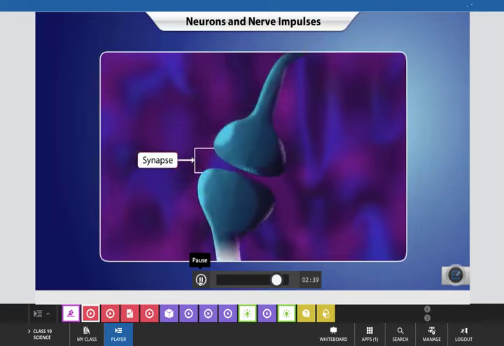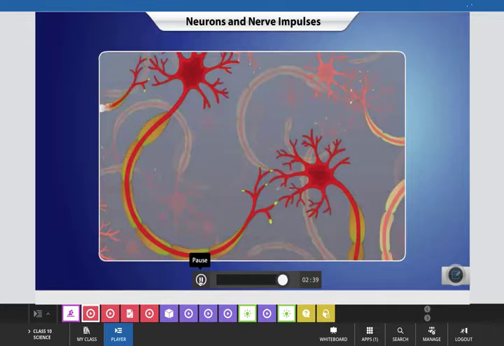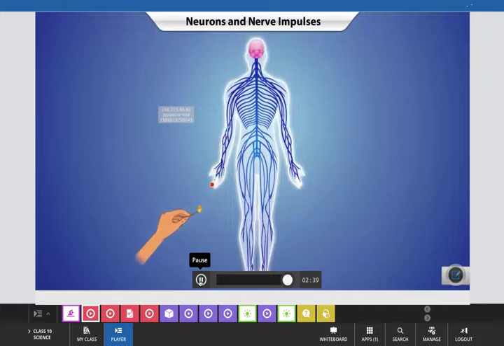These neurotransmitters travel across the synapse by diffusion and trigger a new nerve impulse in the next neuron. This is how nerve impulses pass from one cell to another, creating a chain of information within a network of neurons. These impulses enable us to react to changes in our internal and external environments.